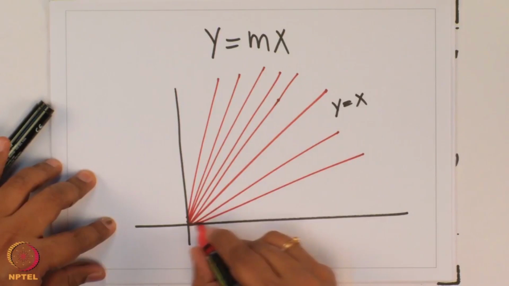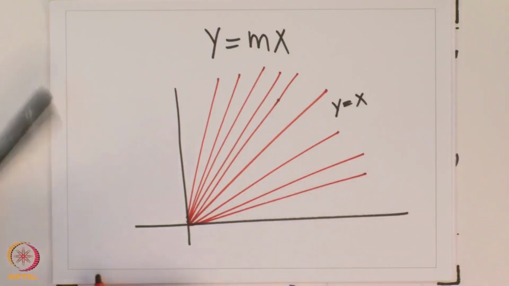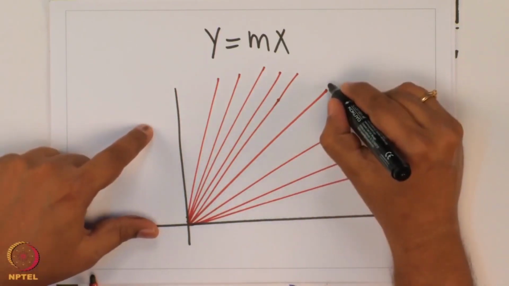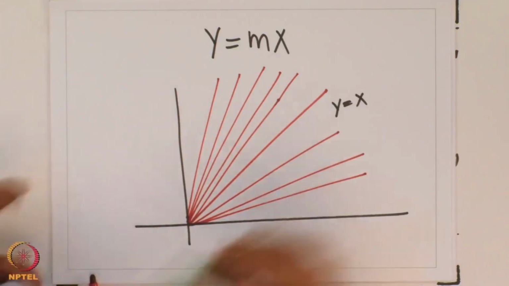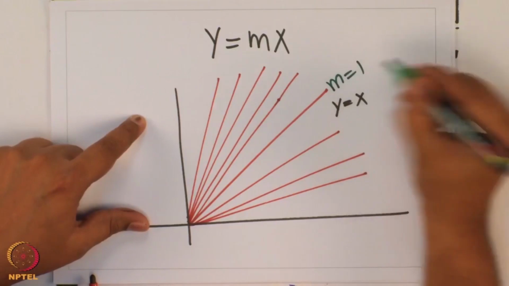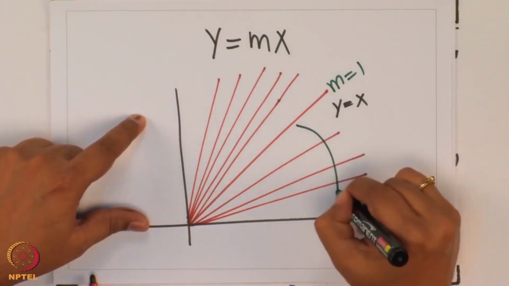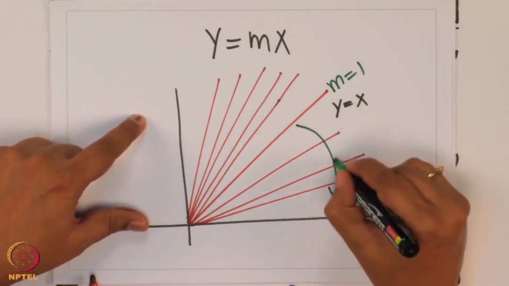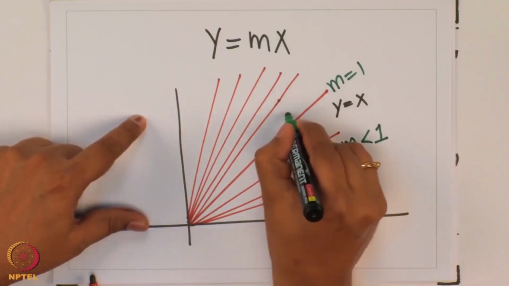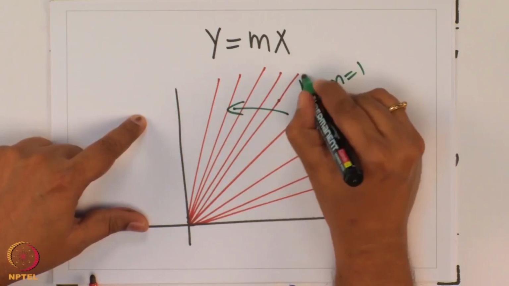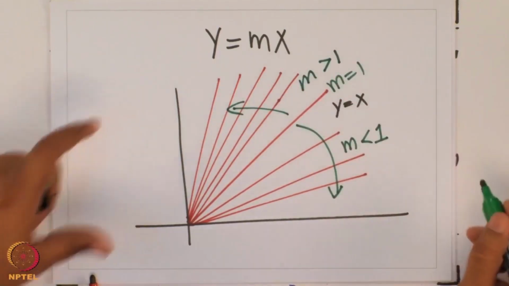So if I draw like this, this is y is equal to x as we said. Here m is equal to 1, and as we go this way below, m is less than 1, and as we go this way, m will be greater than 1.